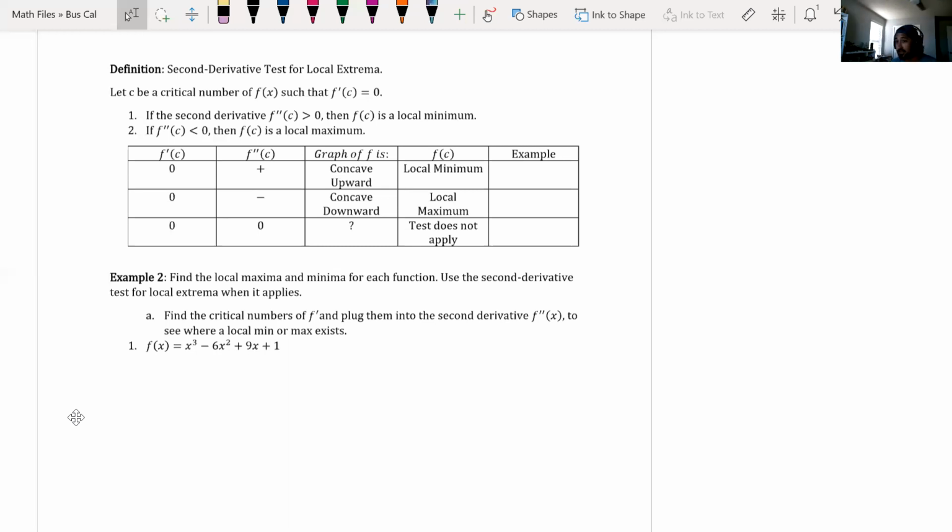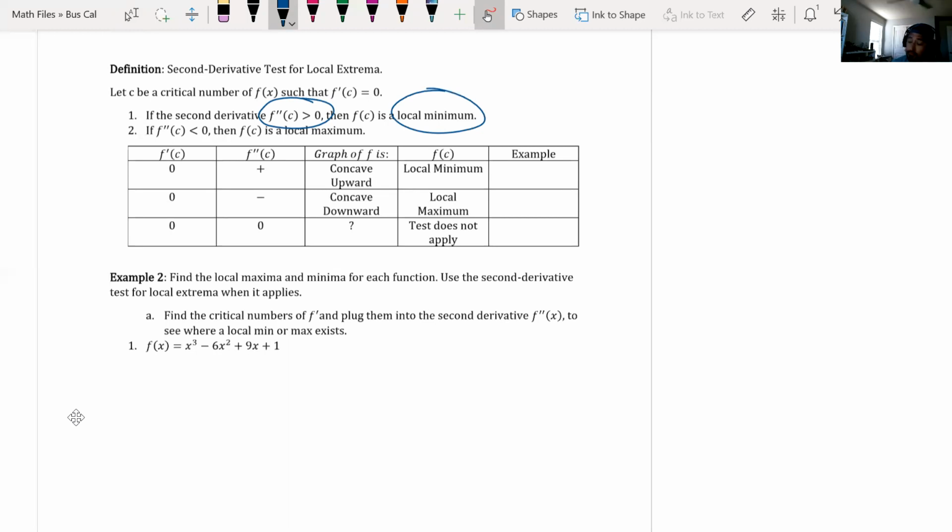And here's where the definition starts. If we plug a critical number into the second derivative, and the second derivative is positive at that critical number, this means that critical number will be a local minimum. This is represented by the chart down below.